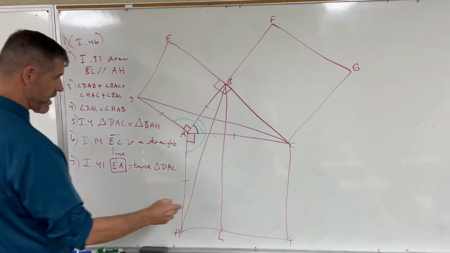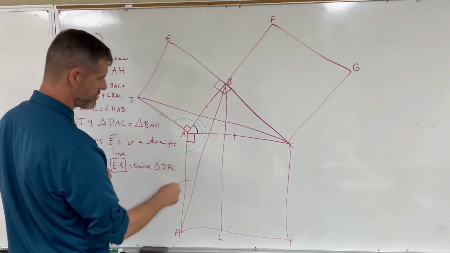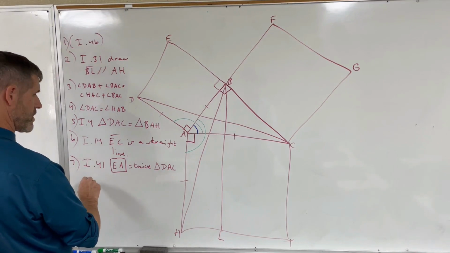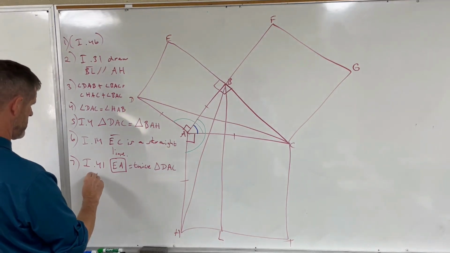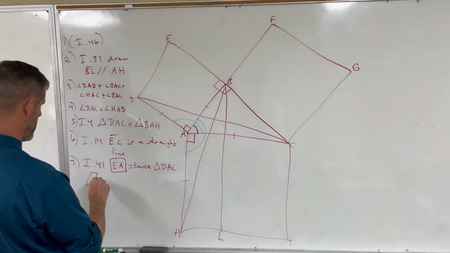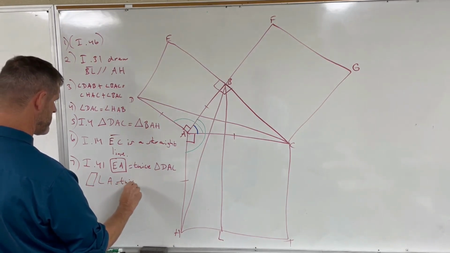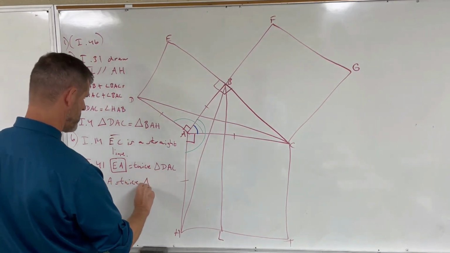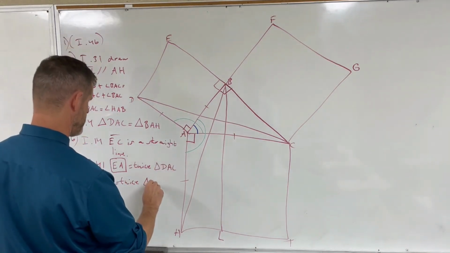So we can say that the parallelogram LA is twice the triangle BAH. I'm going to denote a parallelogram this way. So the parallelogram LA equals twice the triangle HAB.